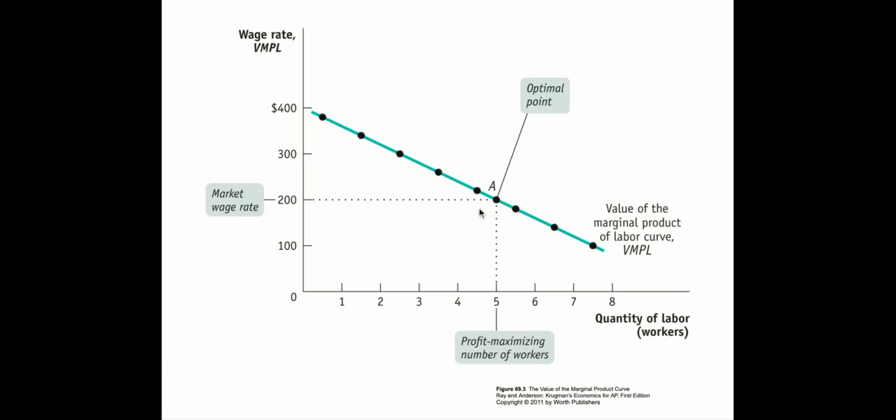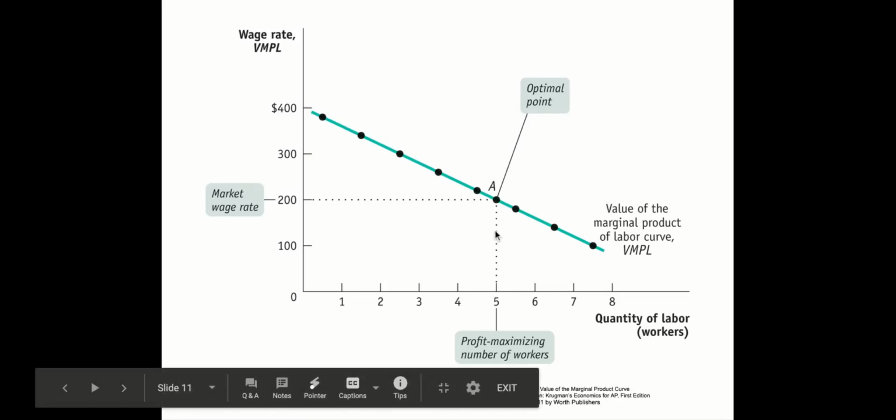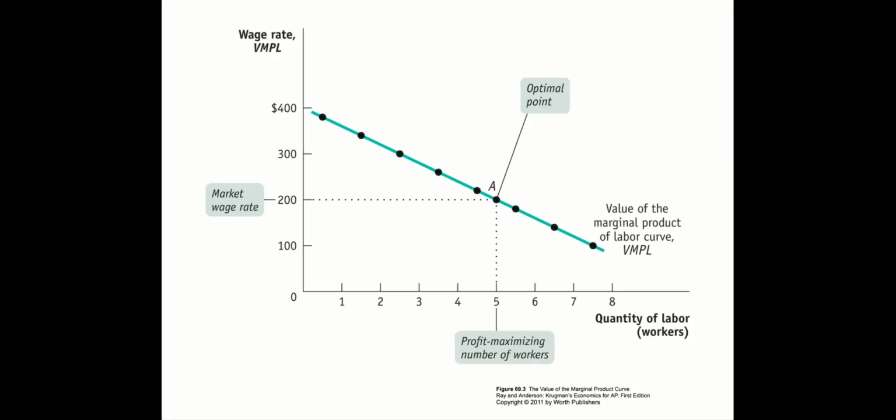And then I stop at the fifth worker, because anything below here, this is like 190, this is like 150, this is like 120, those are lower than how much the worker costs. Each worker costs 200. So I am profit maximizing when I set my VMPL equal to the market wage rate. Okay? All right, moving on.